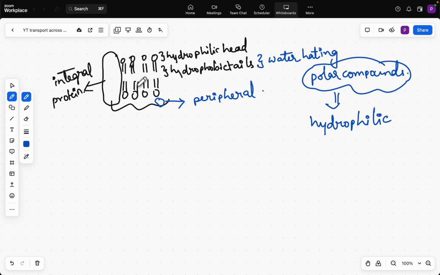So you should have the basic understanding about the structure of a cell membrane to understand how the molecules are passed on through this membrane. Either the molecules can enter into the cell, or the molecules can go out of the cell depending on the situation.